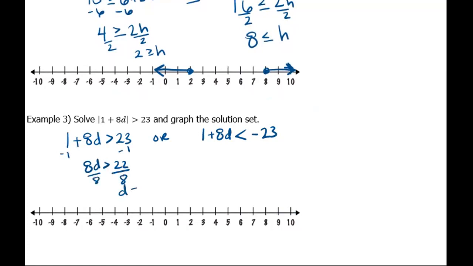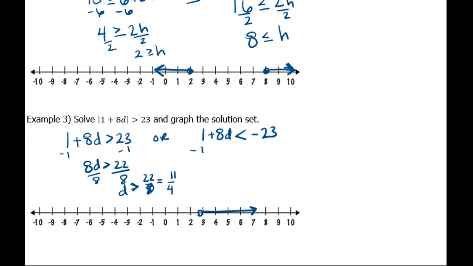So d is greater than 22 over 8. And 22 over 8 is the same thing as 11 over 4. So that's really close to 12 over 4. 12 over 4 would be 3, so it's a little less than 3. And that's an open circle, and d is bigger than that. So we're going to go that way.